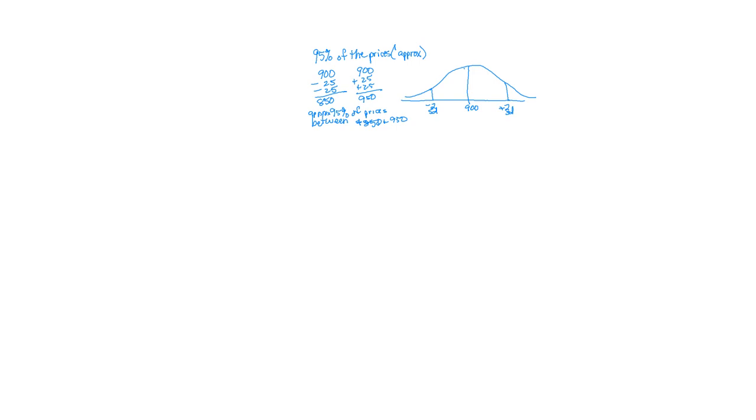So all you're doing is adding standard deviations and subtracting them from either side. So they're in here. So almost all of them are within -2 and +2 standard deviations.